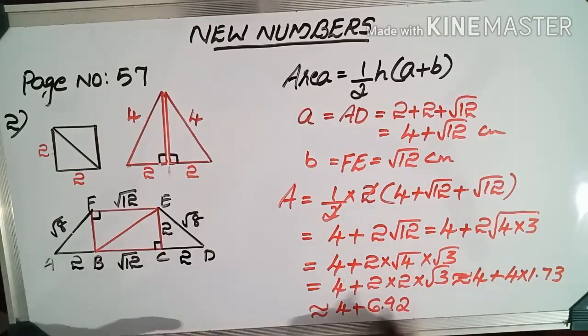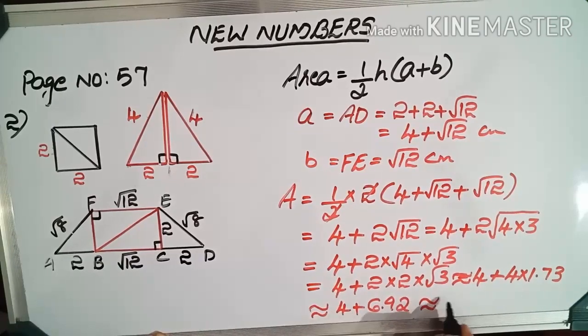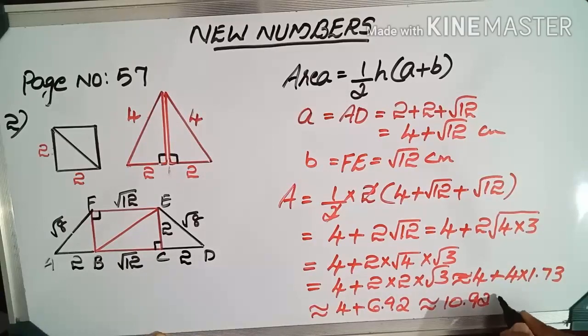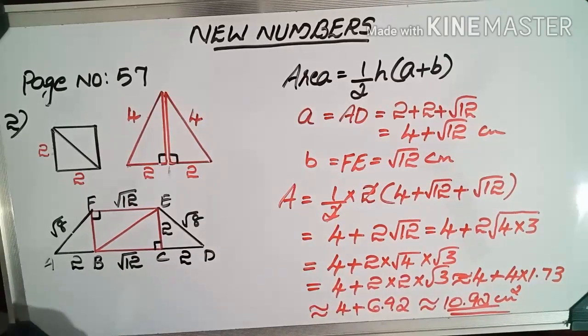You can check. When you add these two, the answer is approximately 10.92 centimeter square. So 10.92 centimeter square is the area of this trapezium.